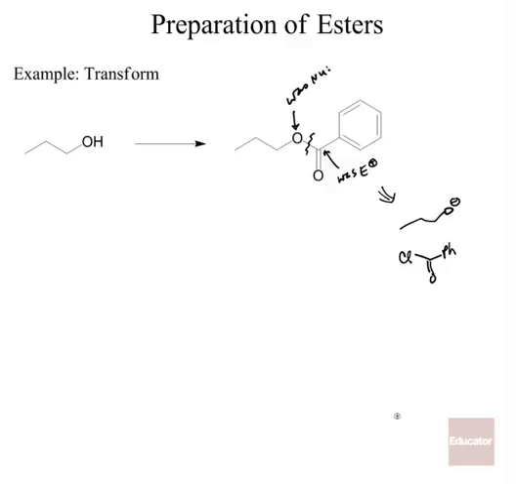Something like an acid chloride would be ideal. With a good leaving group there, this could do an addition elimination and I would retain my carbonyl. So this looks like a straightforward acylation reaction. I would just use benzoyl chloride, an acid chloride, and some base, maybe like pyridine. I would do addition elimination, and the pyridine would be there to react with the HCl byproduct.